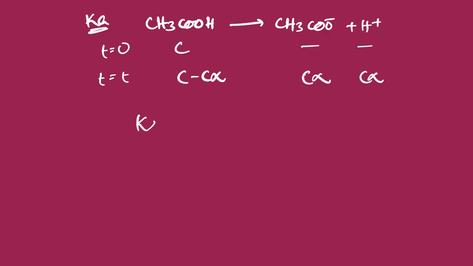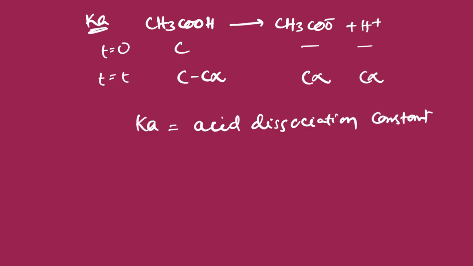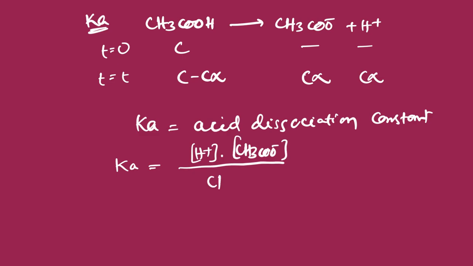Now Ka, acid dissociation constant, can be written as Ka is equal to the H plus concentration into the CH3COO minus concentration, denominator CH3COOH concentration.